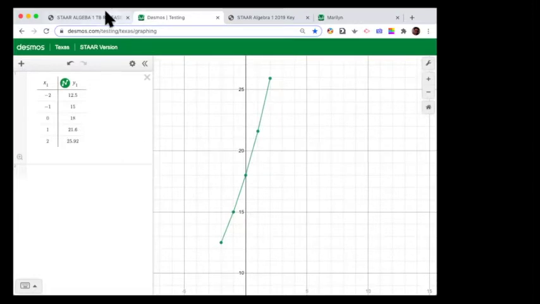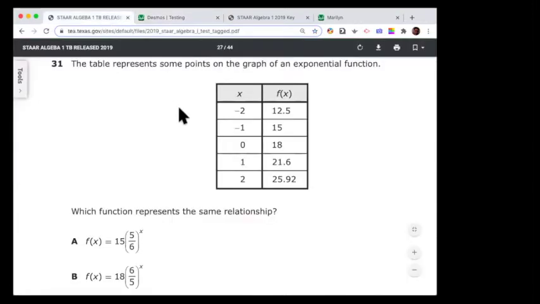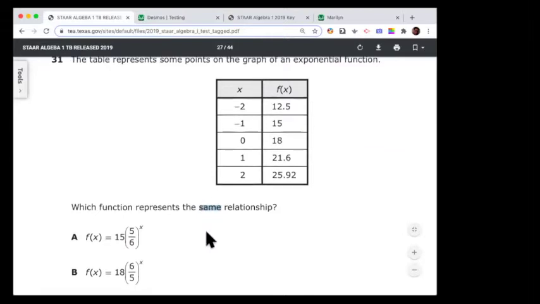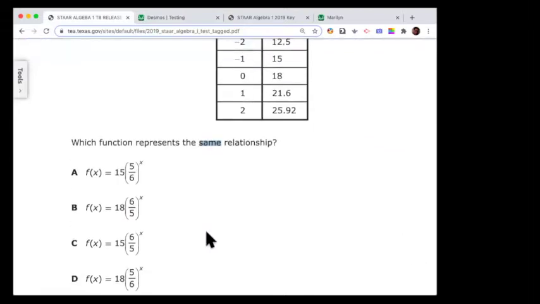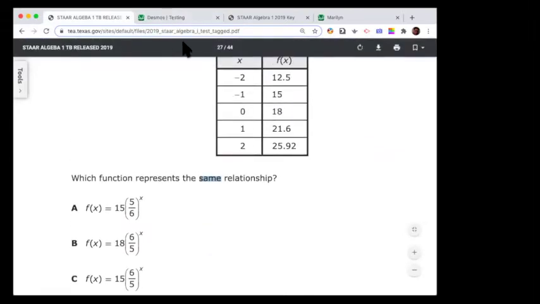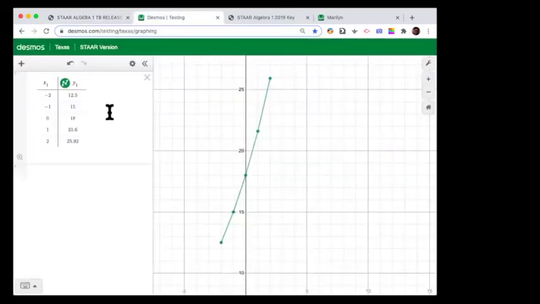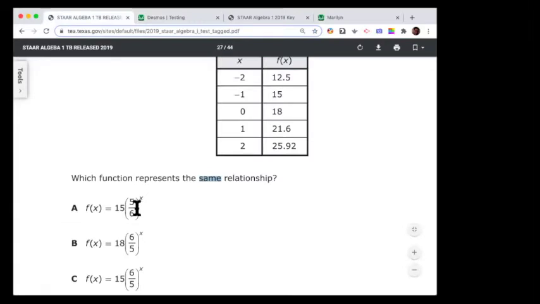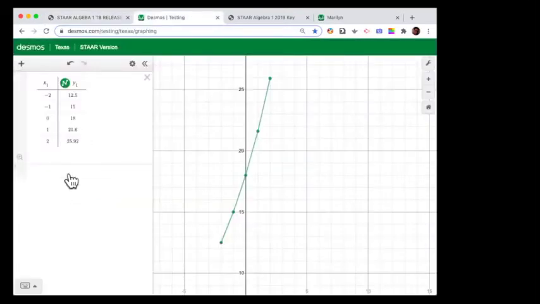So go ahead and let us read the question. And it says, which function represents the same relationship? Same meaning an equal relationship. One of these four options is going to equal the line or the figure that was made by that table. So let's start with the first one, okay? And it is the function of x equals 5/6, okay?